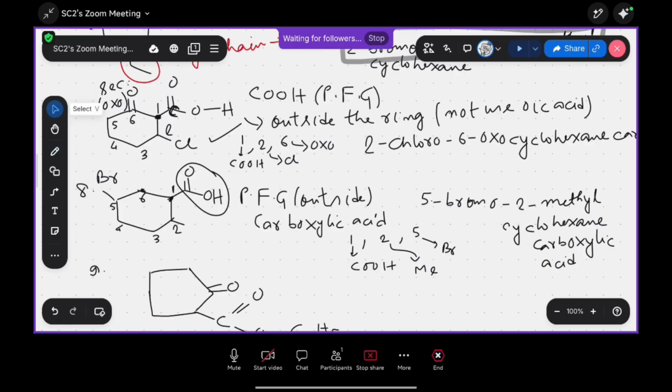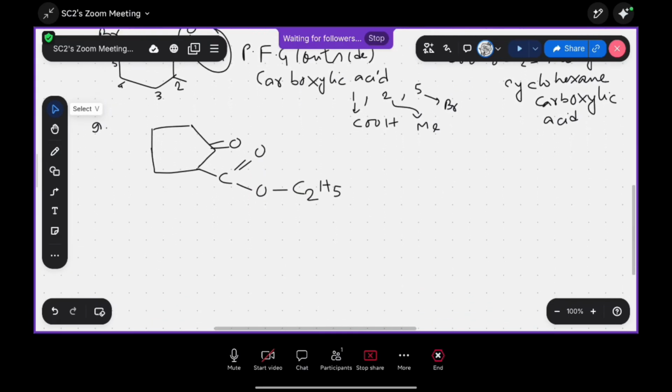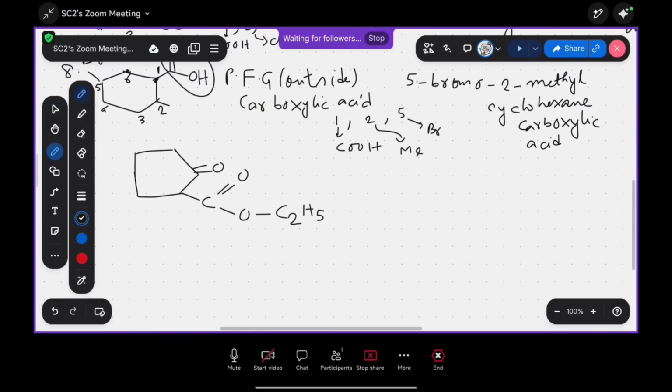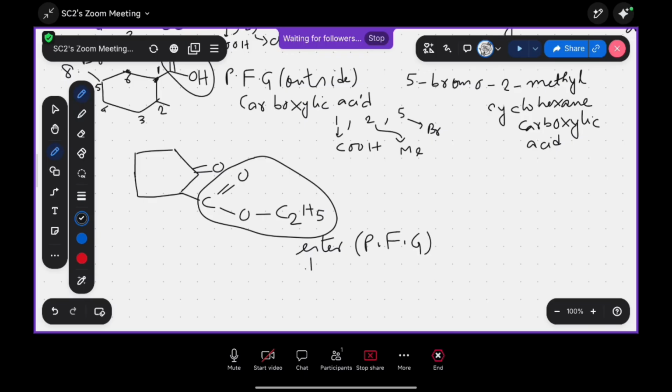Now, the last example is somewhat like this. This is an ester functional group. The ester functional group lies above in the priority list, so this will be considered the principal functional group. But again, this is outside the ring.